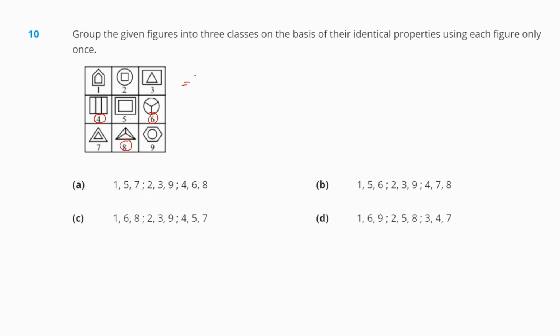So we have 4, 6, 8. Other pattern be this. It is 1, 5, 7. So we have 1, 5, 7, and the third one is 2, 3, 9. So the correct answer will be option number A. 157, 239, 468.